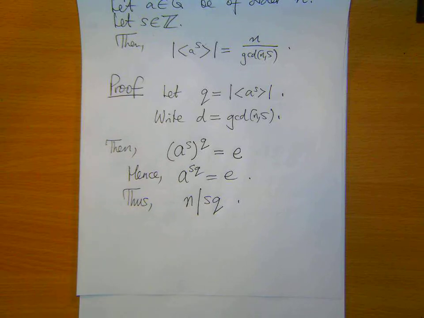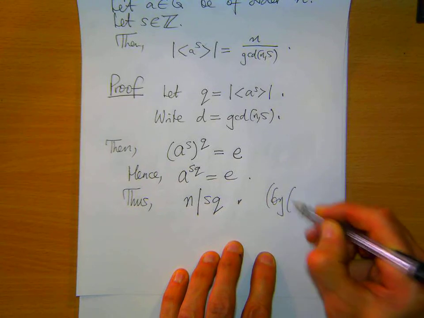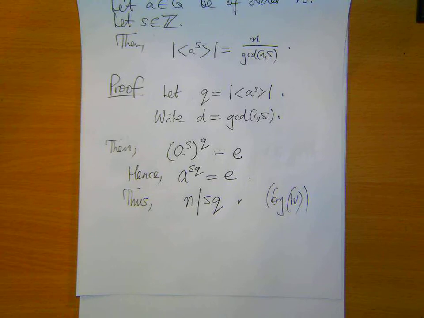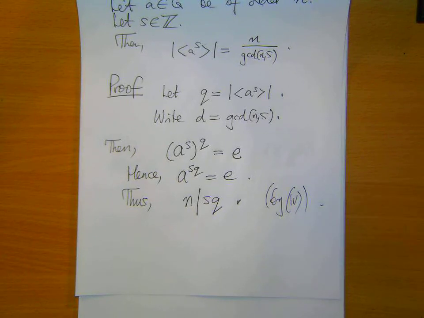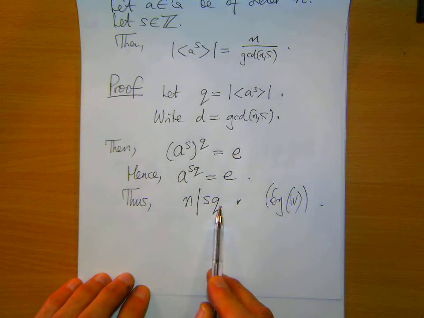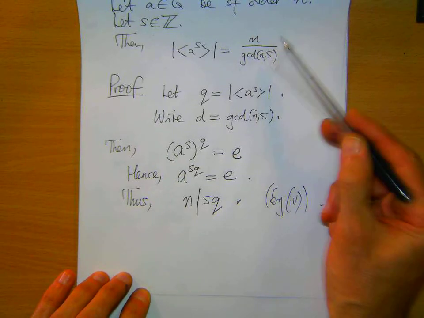Okay, sq must be a multiple of n. So n divides sq. Well, what we really want to get hold of is n over d.